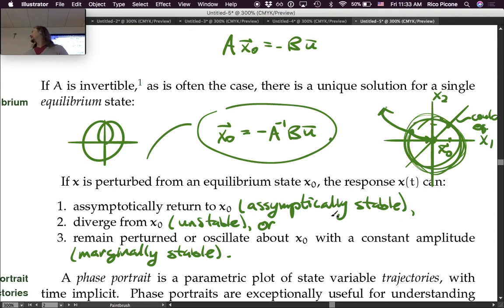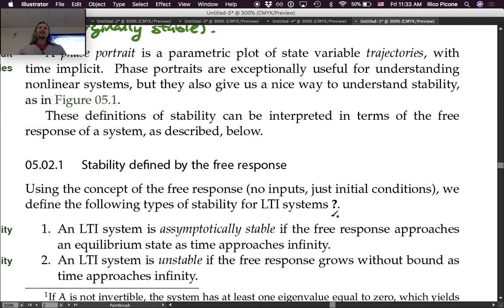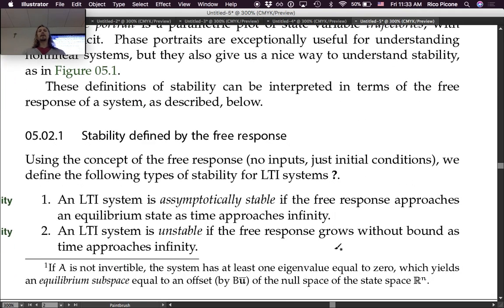You'd have to, in theory, test every single starting state and make sure that it's going to come back to equilibrium. And that's obviously not a good plan. So we want to come up with a better way to test it. So if we define in terms of the free response, that's a step along the way. So using the concept of free response, which is no inputs, just initial conditions, and then letting it evolve, right?